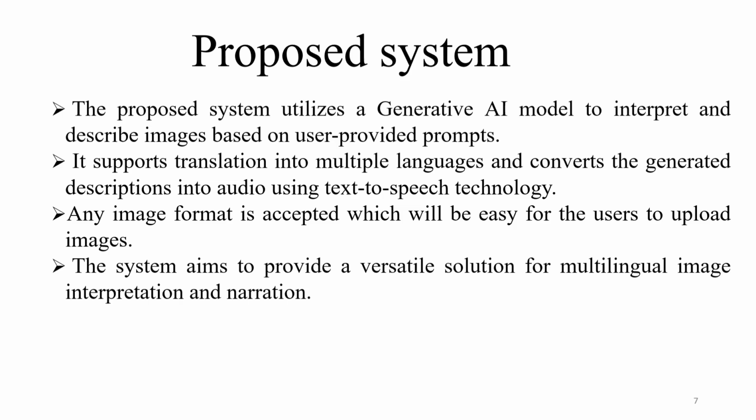So we proposed a system which utilizes a generative AI model to interpret and describe images based on user provided prompts. It also supports multiple languages and converts the generated descriptions into audio using text to speech technology. It will accept any image format within the range of 200 MB.